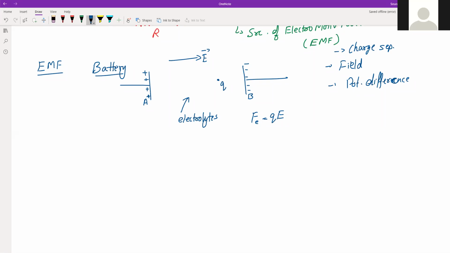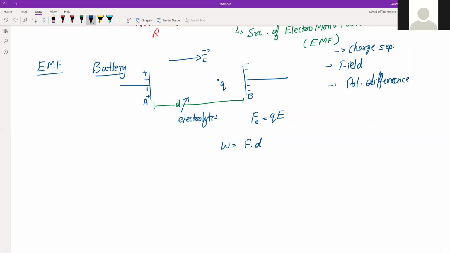So the work done is nothing but, suppose this distance, now let this distance be D. The work done in crossing this distance D will equal the force times the displacement D, where D is the distance between the two terminals A and B. Right?